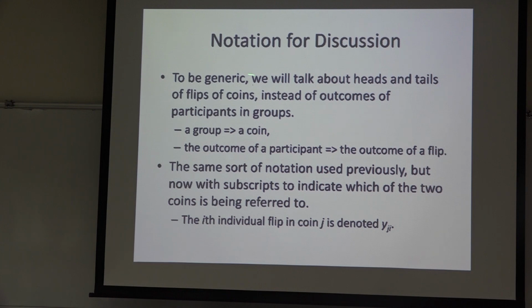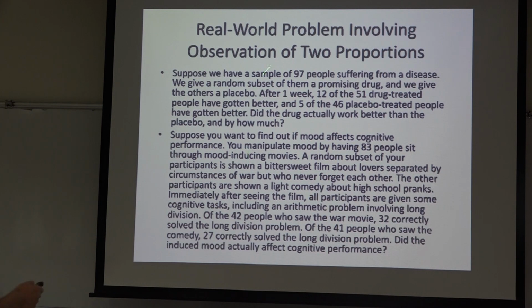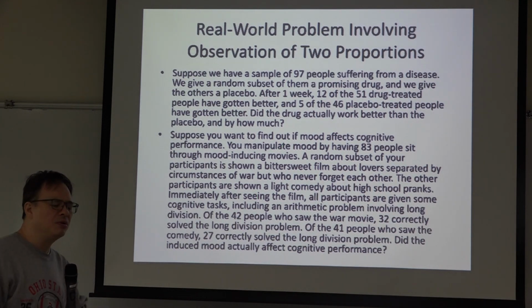To be generic, we'll talk about heads and tails of coin flips instead of outcomes of participants in groups. We just say coin flip instead of using these examples, because these examples are more complicated.